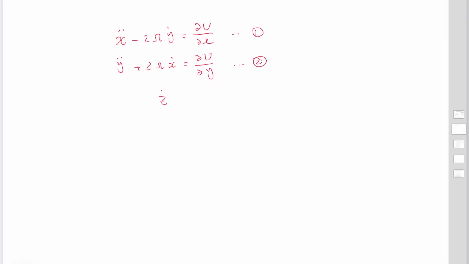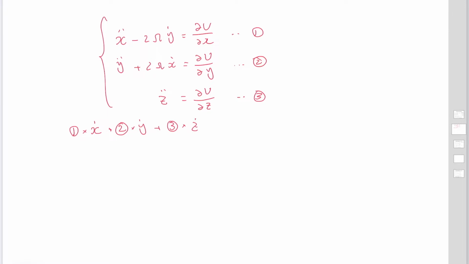And z double dot equals partial U partial z. This is equation 3. We have these three equations. We consider the first equation times x dot, plus the second equation times y dot, plus the third equation times z dot.